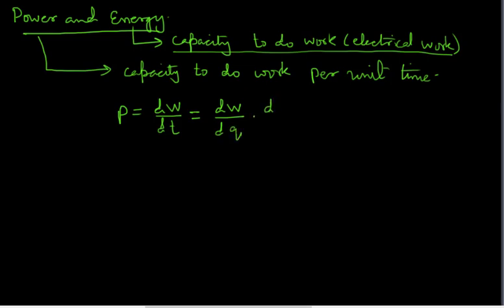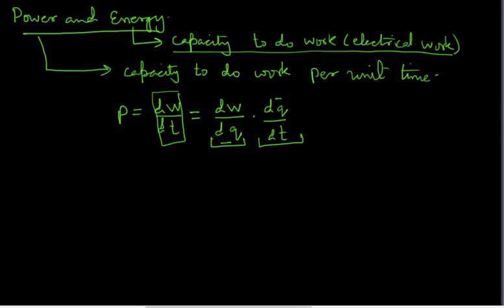And the rate of flow of charge with respect to time was current. So you can see that these two dq terms are going to cancel out, and you are going to end up with dW over dt. So this multiplication simply gives you the power.